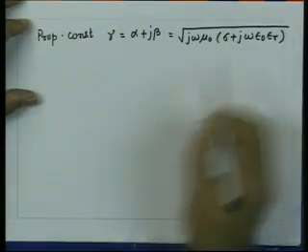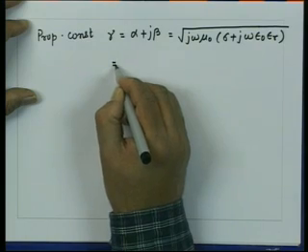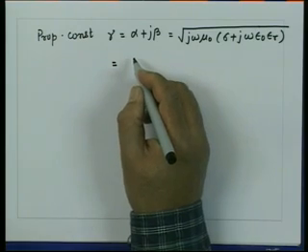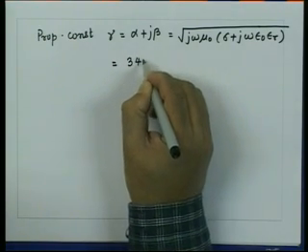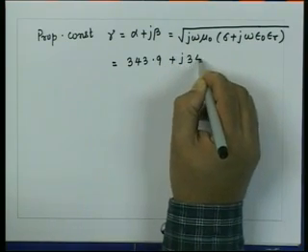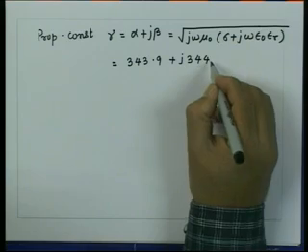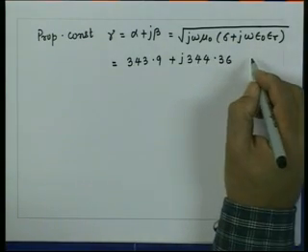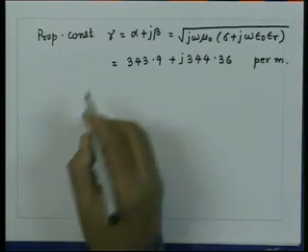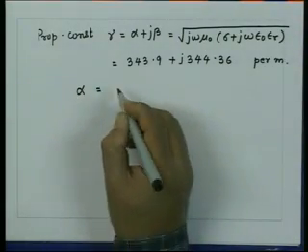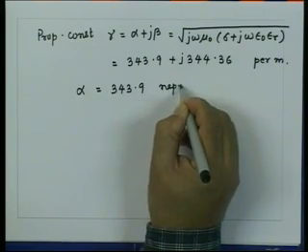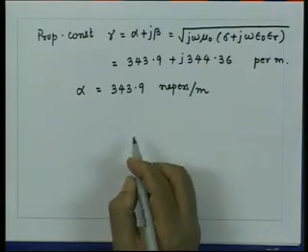Again substituting the values for sigma and epsilon r, we get 343.9 plus j 344.36 per meter. So, the attenuation constant alpha would be 343.9 nepers per meter.